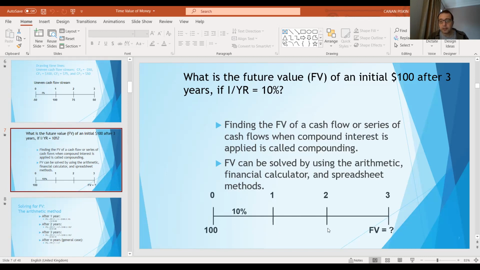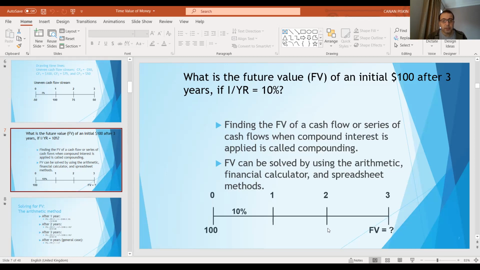In the second year, we start with 110, 10% return, it's going to be 121. In the third year, we start with 121, again 10%, and we end up with 133. Right? Why is it not 130 but 133? Because we are getting interest on interest.